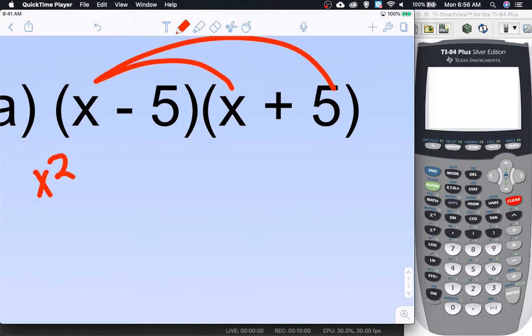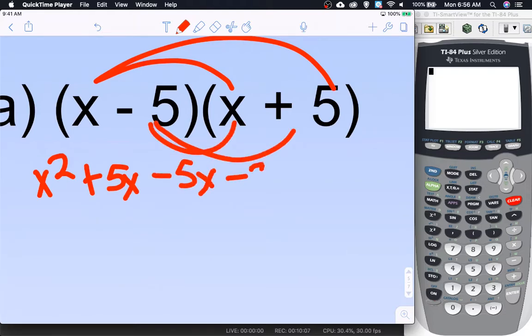x squared plus 5x minus 5x minus 25. My middle terms here are going to cancel out. Give me a second to get a drink. There we go. Is it better? Yeah, feels like it. So my middle terms cancel out.